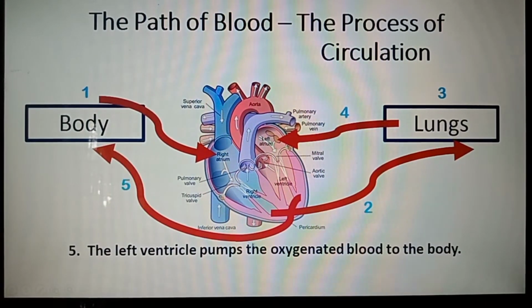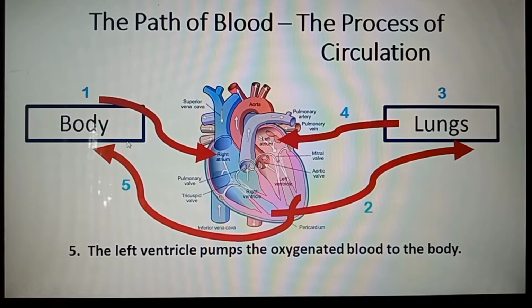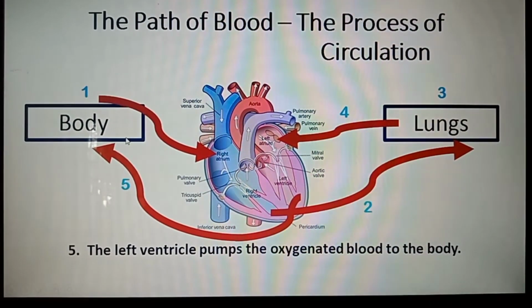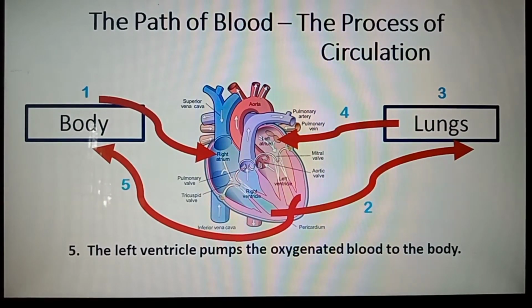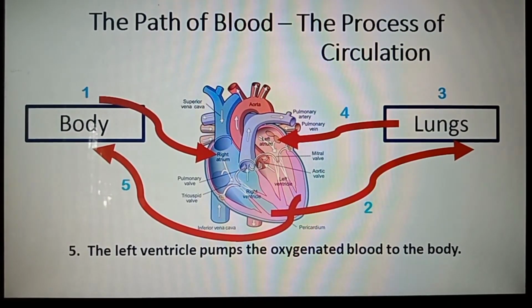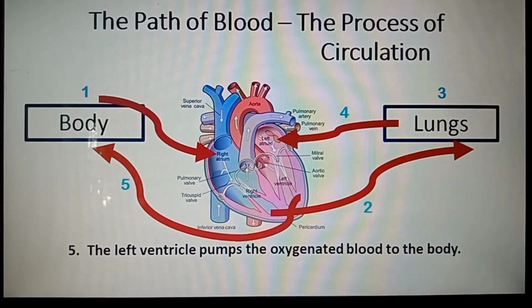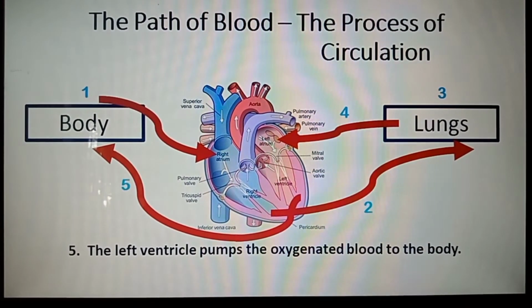The left ventricle pumps the oxygenated blood to the body. And then, the body cells will use the oxygen to burn the food nutrients and to produce energy for our body, for us to live, for us to do our daily activities.